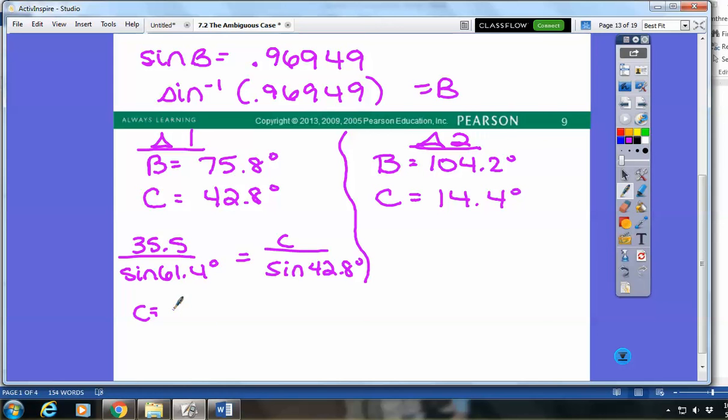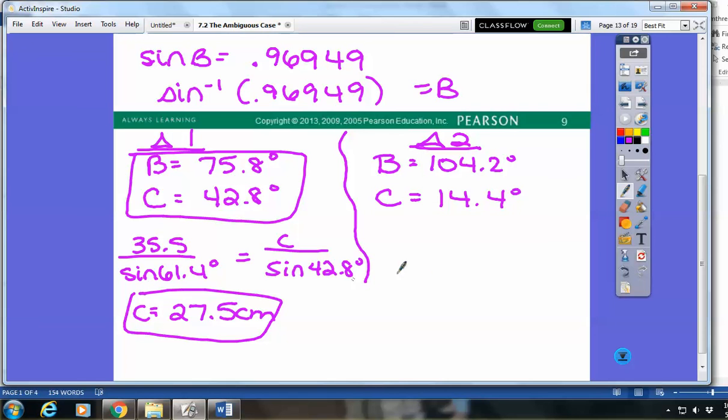And we get that side C is, to 3 significant digits, 27.5 centimeters. So here's my triangle 1 information. Triangle 2, we're going to set up the same way. Side A over sine of A equals side C over the sine, but this time my angle C is 14.4 degrees.